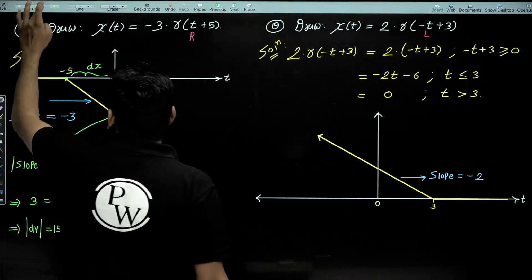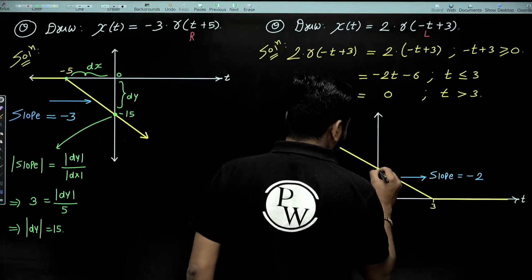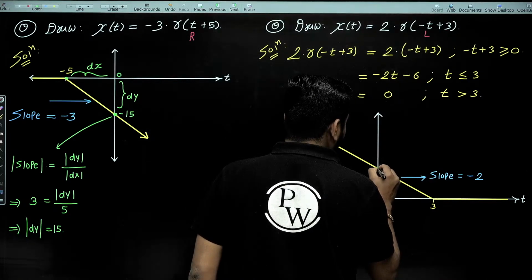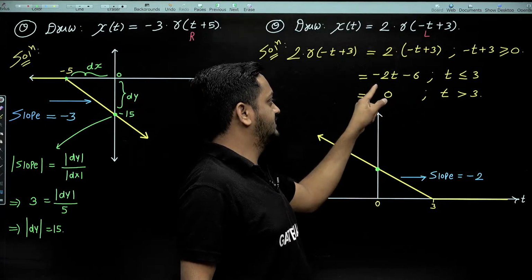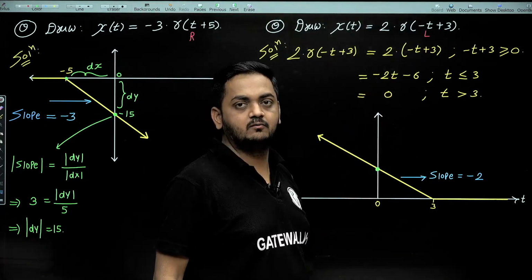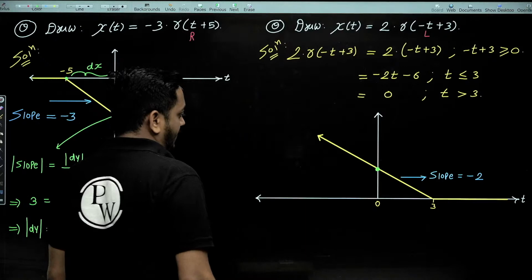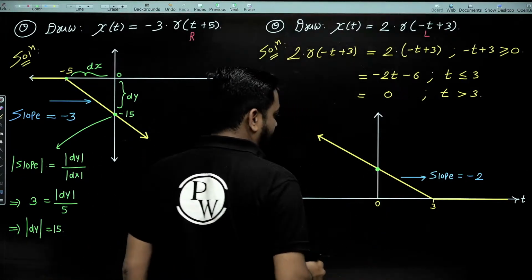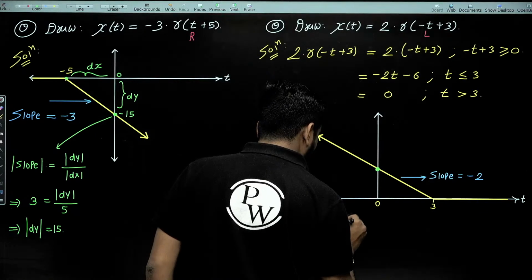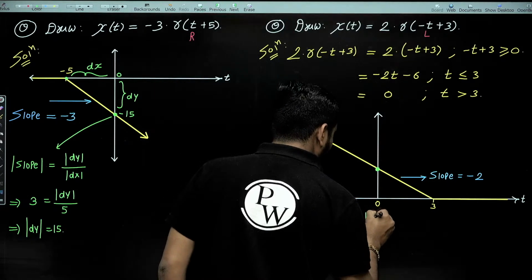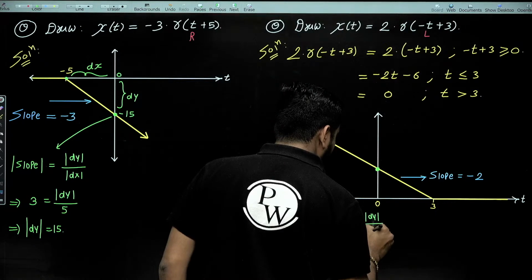Now what about this point? Here also, y equal to mx plus c, so m equal to minus 2, so the slope is negative. I told you how to find this point. The magnitude of the slope is equal to mod dy by mod dx.